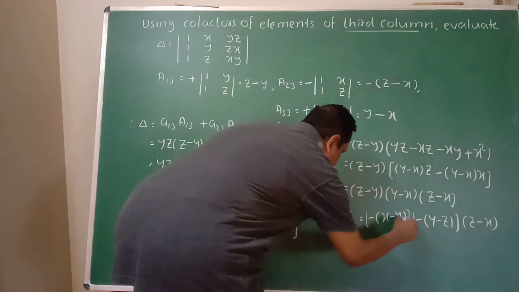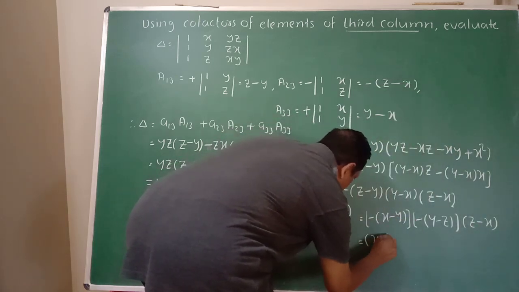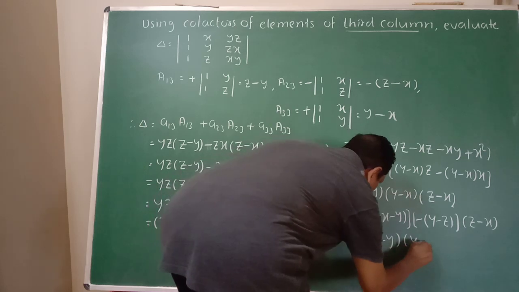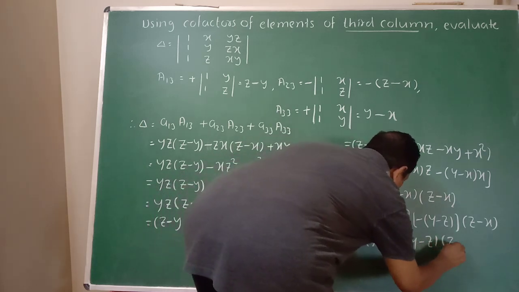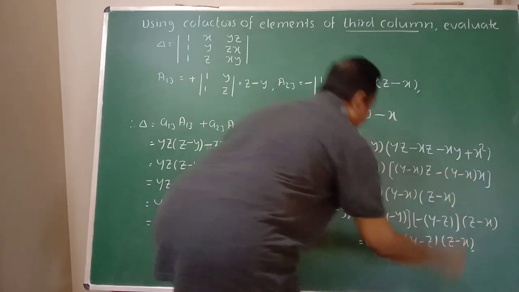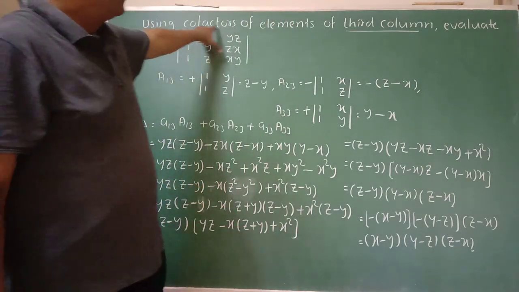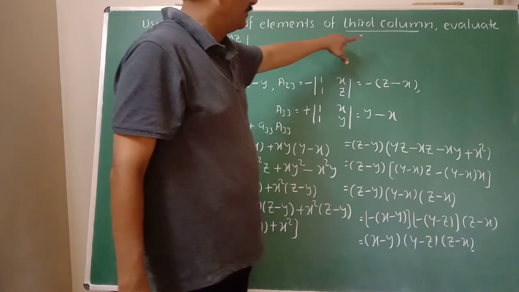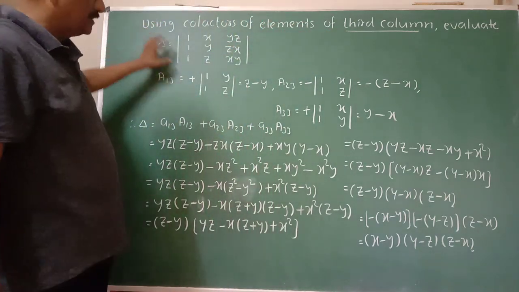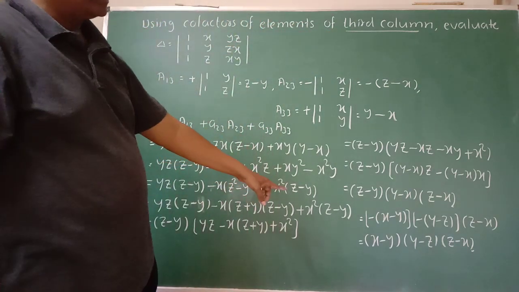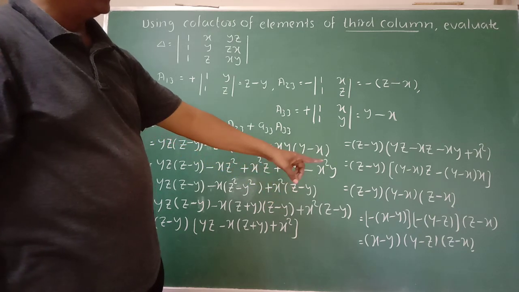Here minus into minus becomes plus. Hence x minus y, y minus z, z minus x. So this is the value of the determinant. Using cofactors of elements of the third column, evaluate. So the value of this determinant delta is x minus y, y minus z, z minus x.